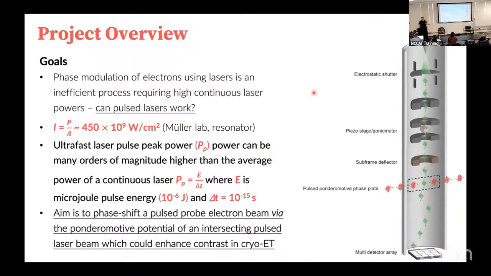But to get to 300 kilovolts, the number that they had to attain was 450 gigawatts, which is an incredibly powerful laser setup. Now what Holger likes to say is that this is the most powerful laser in the world, which is a little bit misleading, because the physical laser source sitting there on the desk is not the most powerful laser in the world.